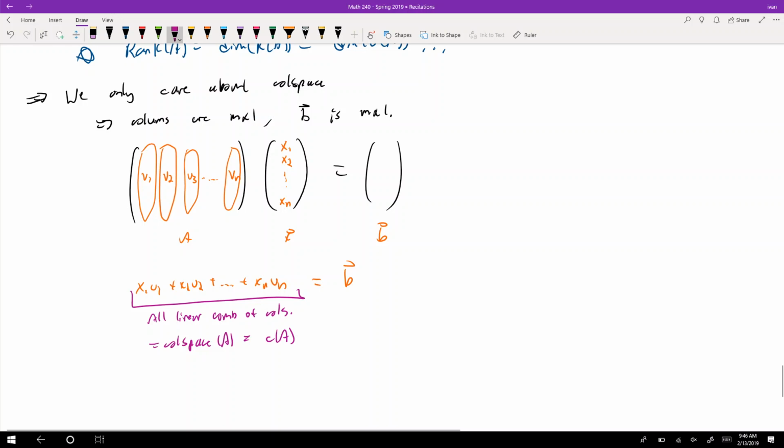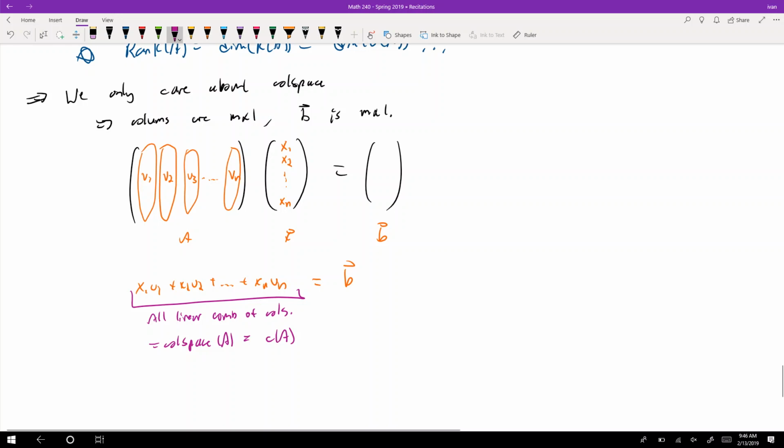So what does this mean? Okay, then what is B? Well, we're really seeing if B lies in the column space of A or not. We really care if B is a linear combination of the columns. So what if B does not lie in the column space? Is there a solution to that system? If B is not in the column space, there's no solution.